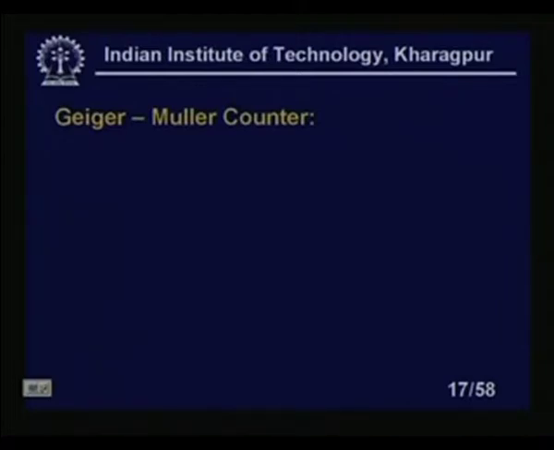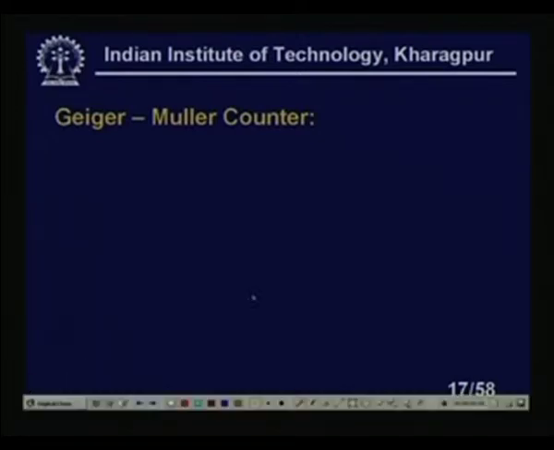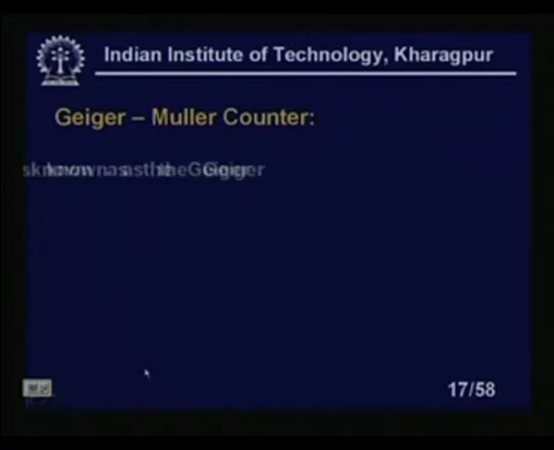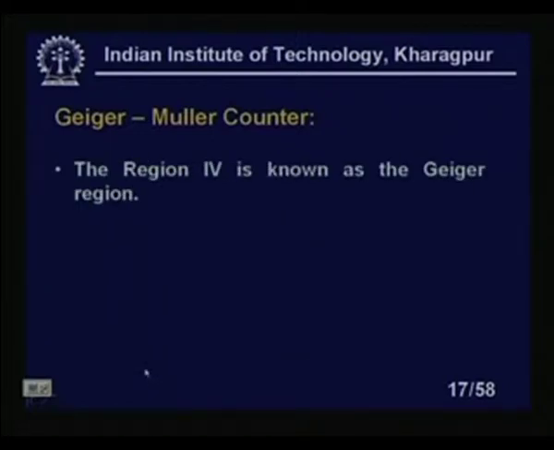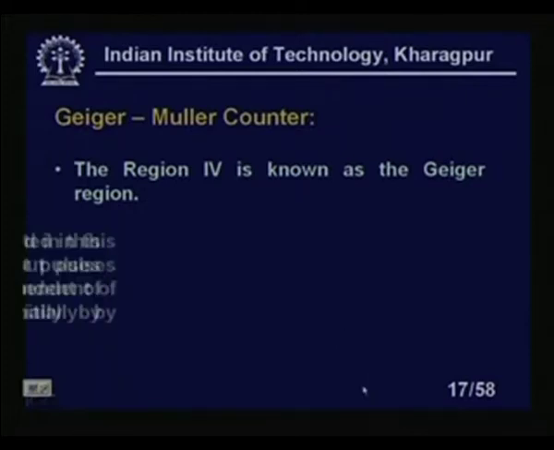Now, let us look at the Geiger-Müller counter. Again, I am telling you this should look like this, that means the umlaut should be there. Region 4 is known as the Geiger region of the characteristic curve of the detector.